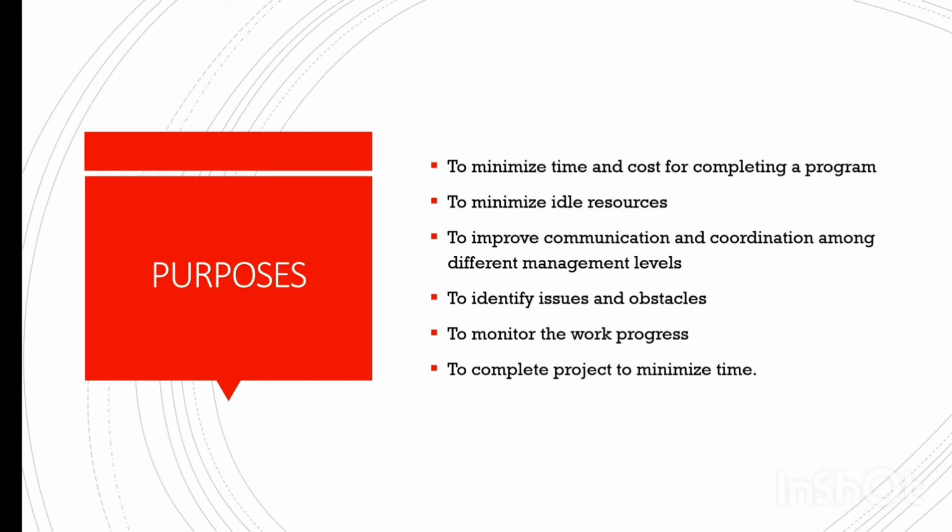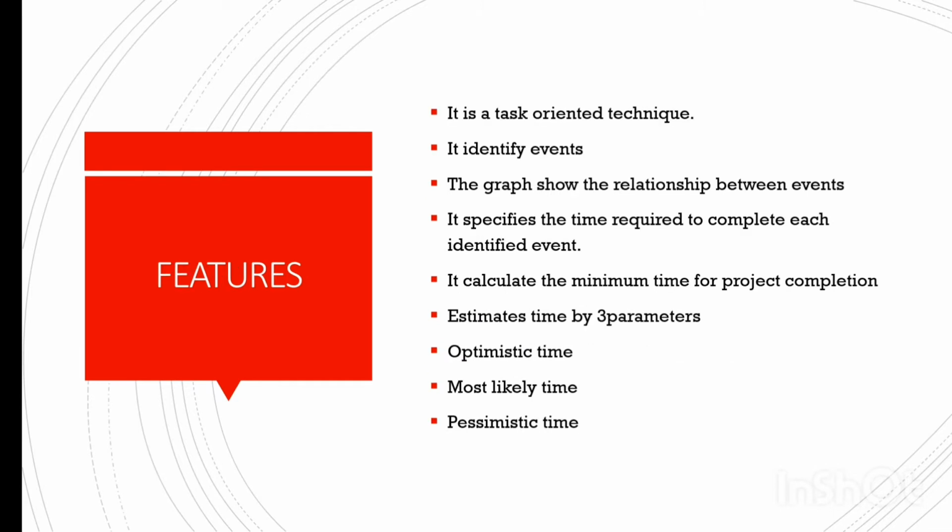I think it's clear. Next we can see the features of PERT. Already I have told you it is a task oriented technique, with a particular task or event. It identifies the events and the functions to be performed.